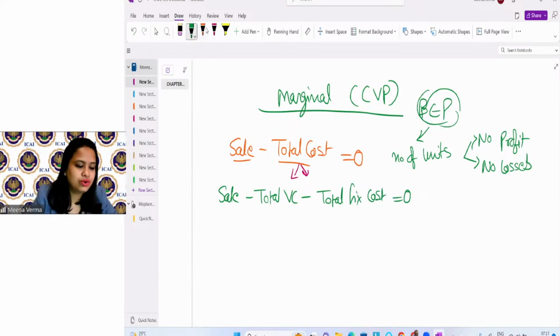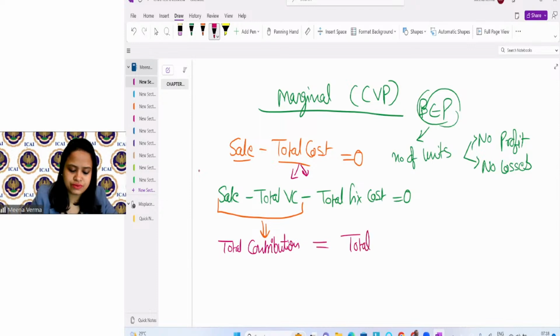Now, sale minus total variable cost is considered as total contribution. This total contribution is equal to total fixed cost.